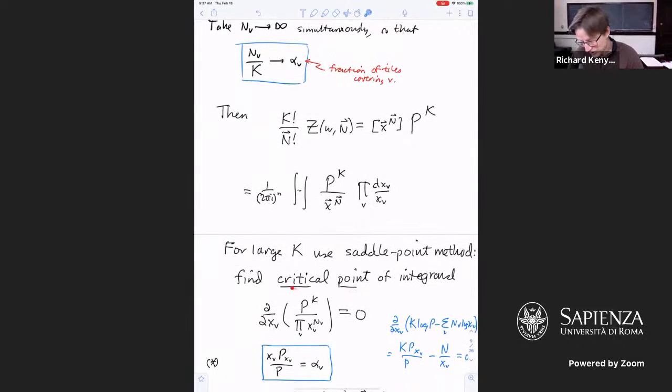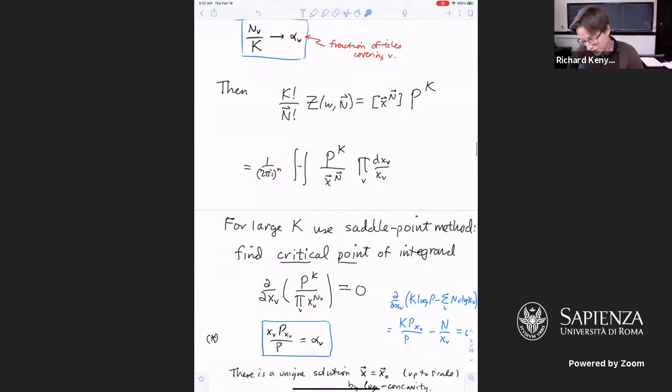You just find the critical point of the integrand with respect to the integration variables. So I just want to differentiate. I'm looking for a point where the integrand here is critical with respect to the x's. What does the saddle point method mean?